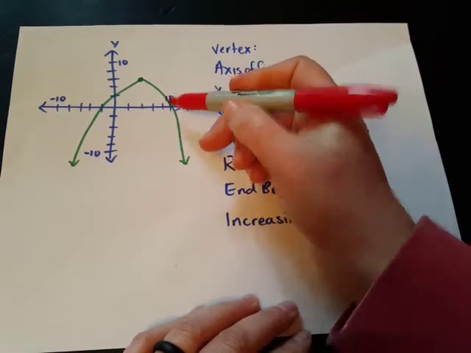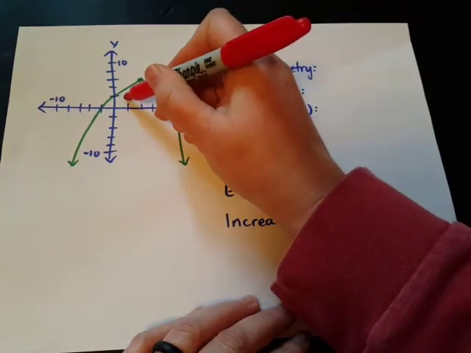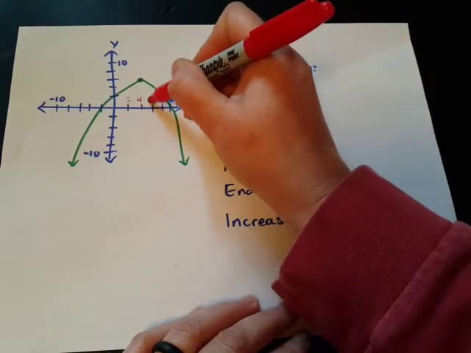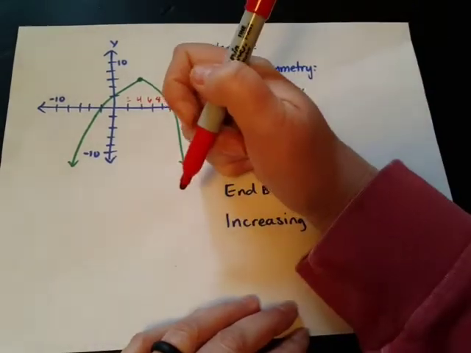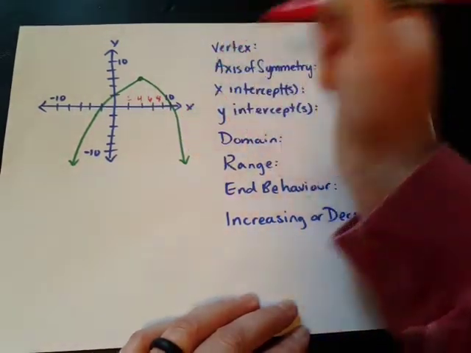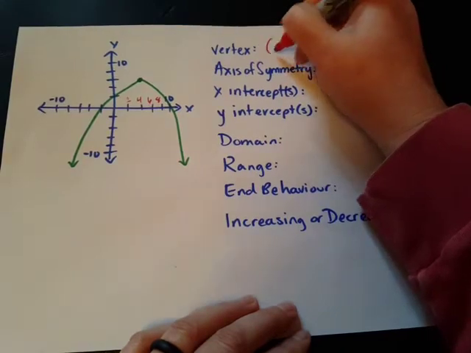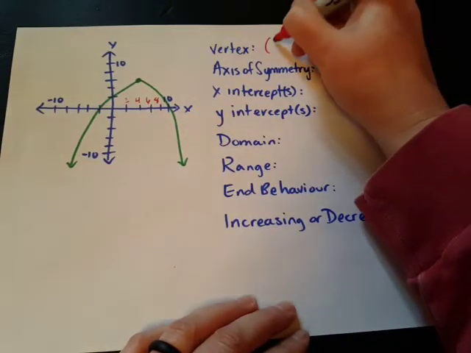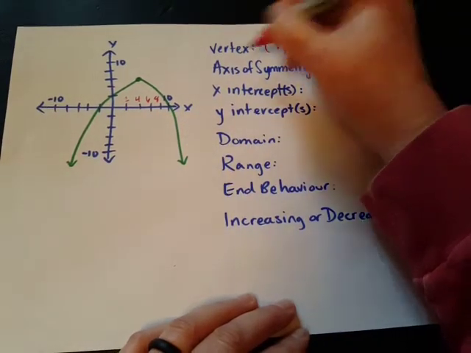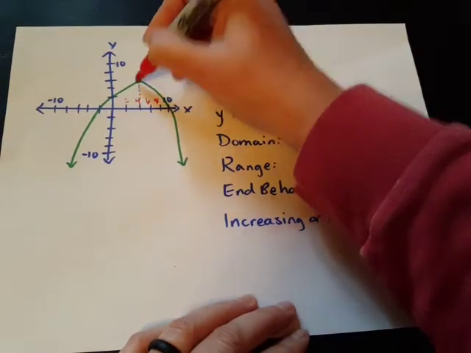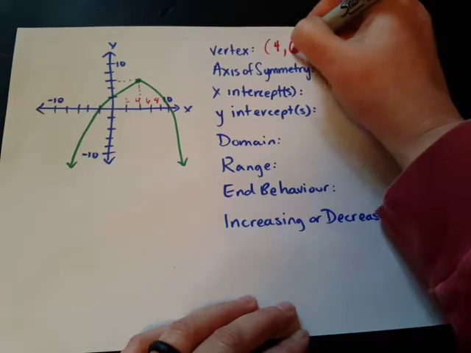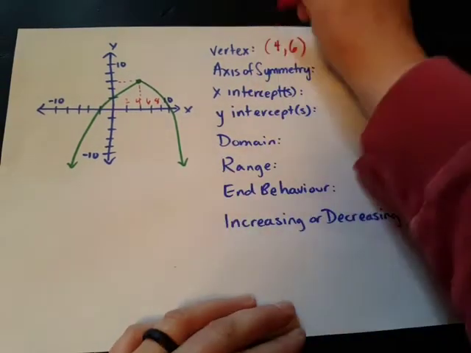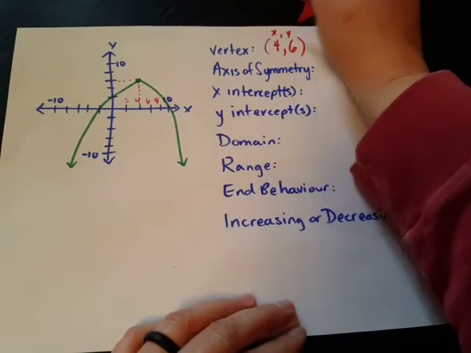So my guess is this is going to be 2, 4, 6, 8, 10. Be really careful about the units on your axes. So in this case, our vertex here, the x value is 4, and the y value is 2, 4, 6. So we've got x and y.